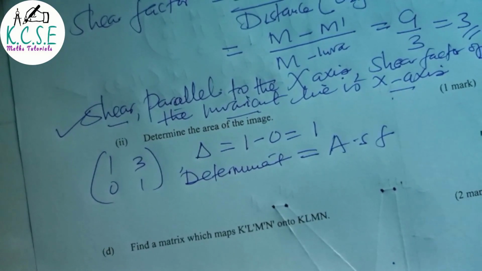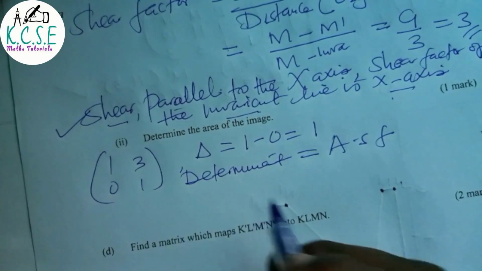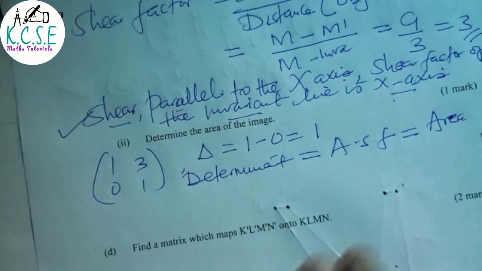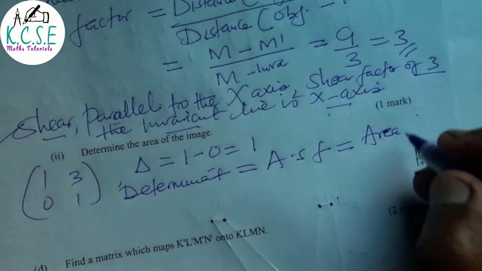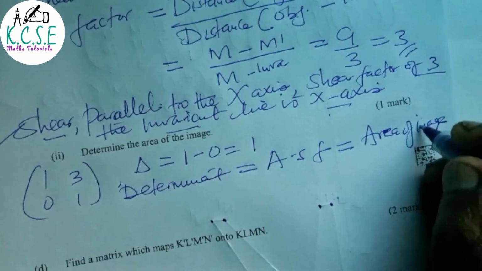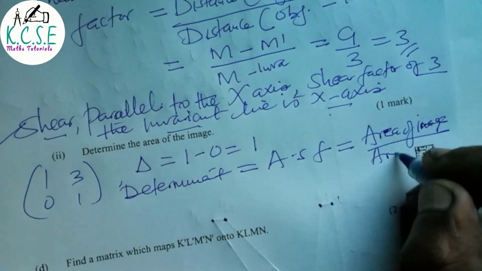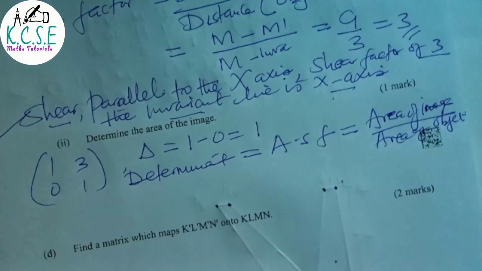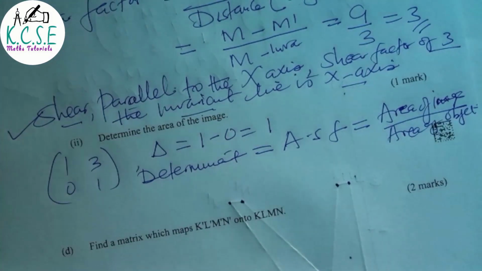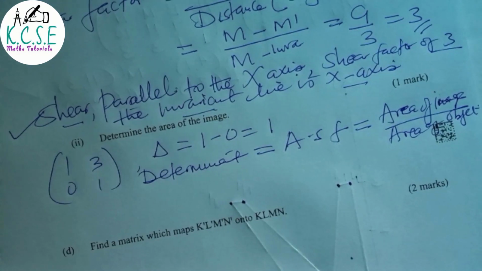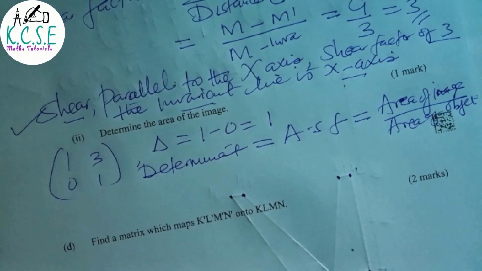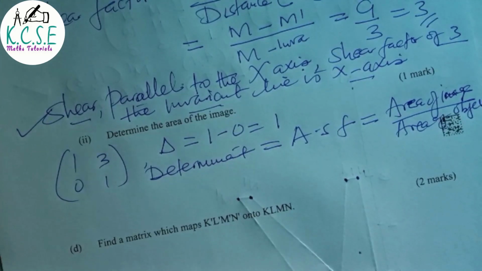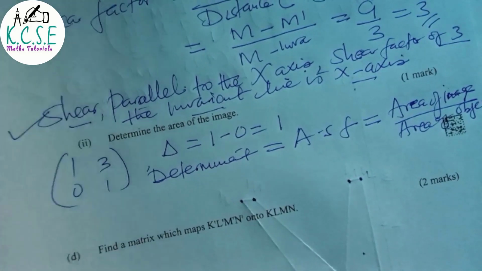So if you take the area scale factor, which is the area of the image divided by the area of the object, both of them will remain the same. If the area scale factor is 1, then it means there is no change. So the area of the object and the image is the same.